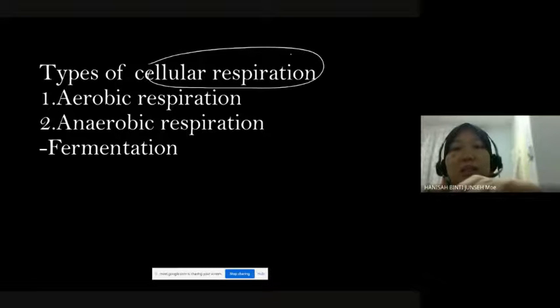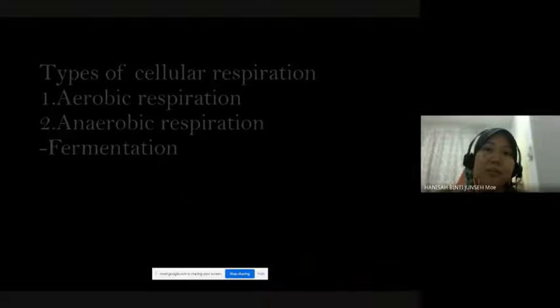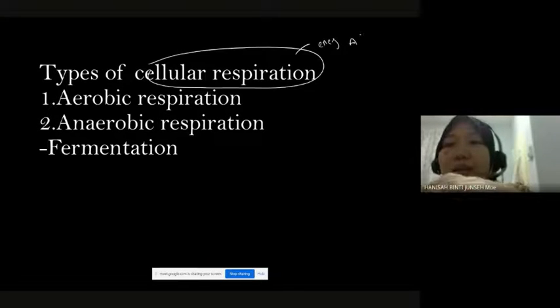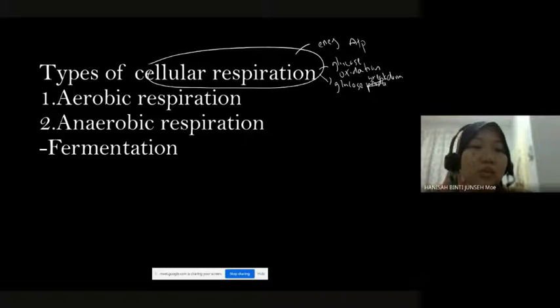Cellular respiration is energy production, in the form of ATP. It also means glucose oxidation, and glucose breakdown. It breaks into two types of cellular respiration, aerobic and anaerobic.